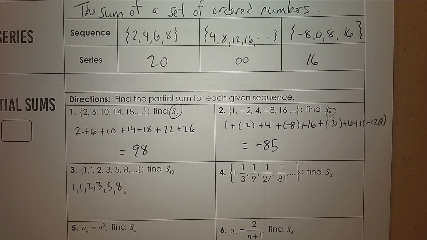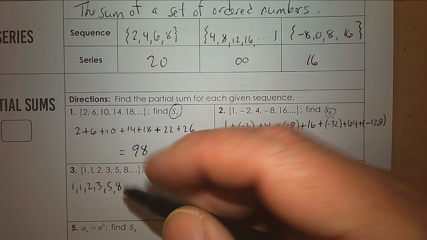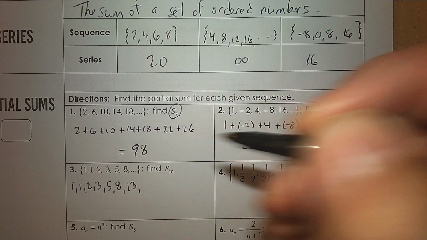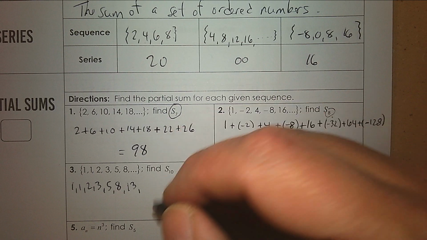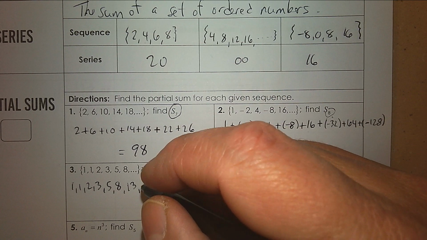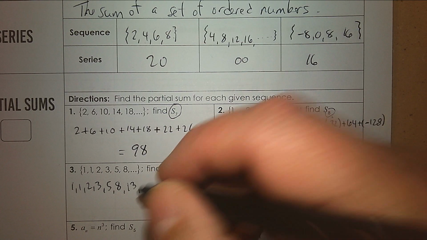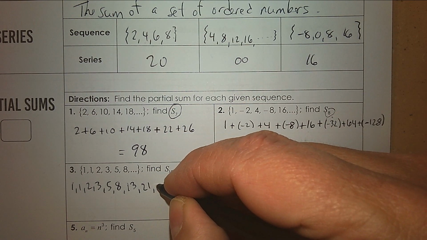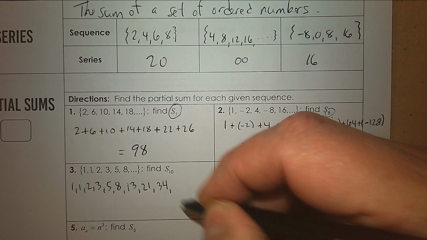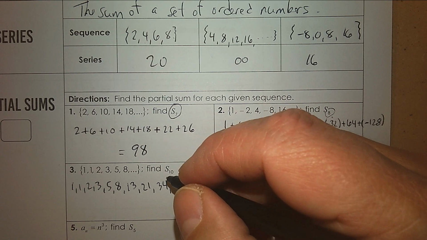That's because this occurs in nature. How something grows, like flower petals and things like that. Yes, this is Fibonacci. So the next one is going to be 13. The next one's going to be 21, 34.